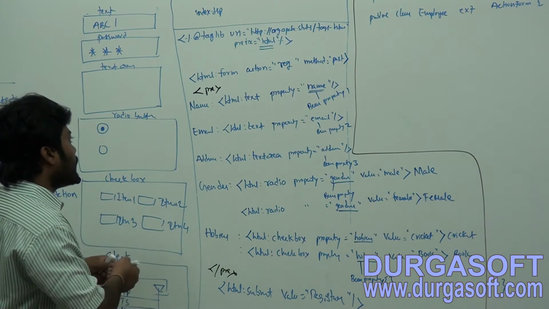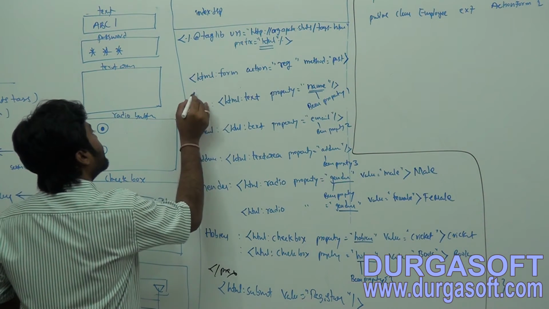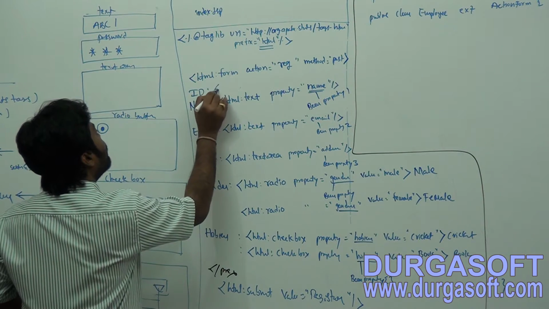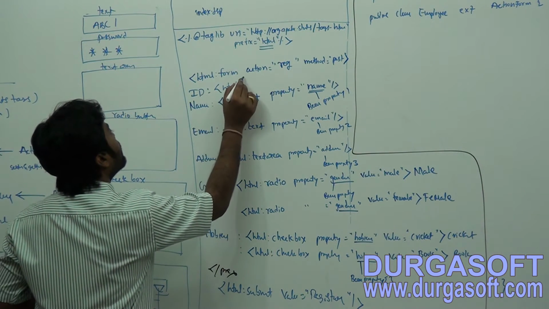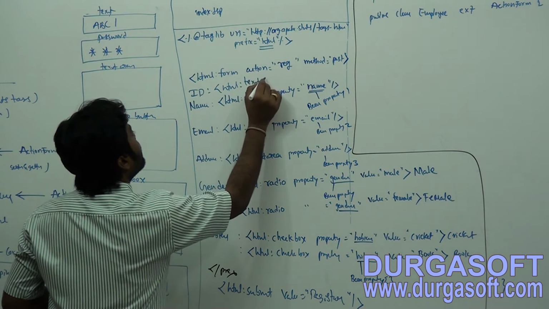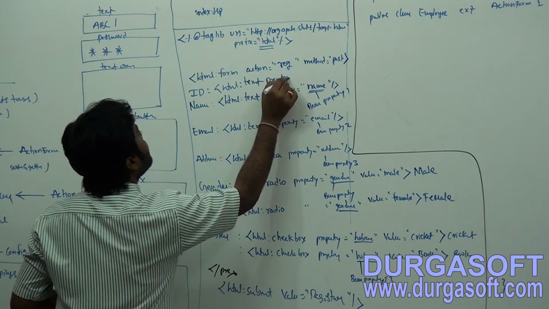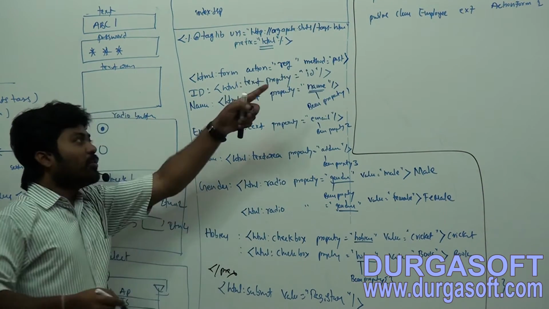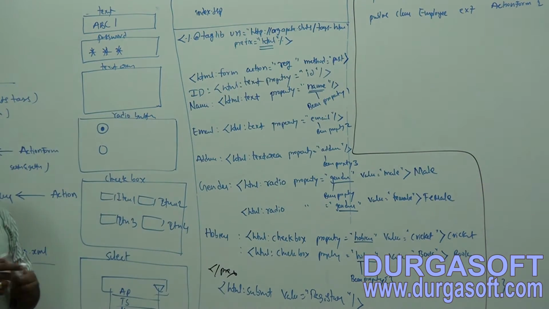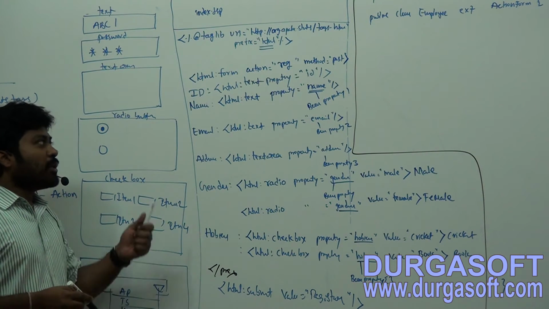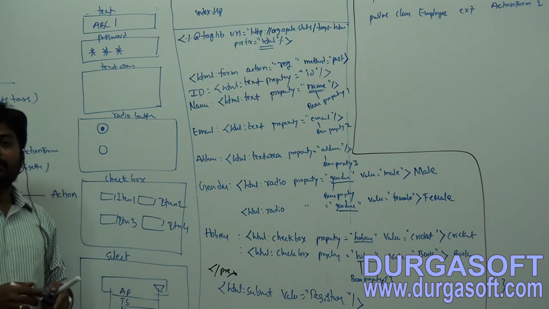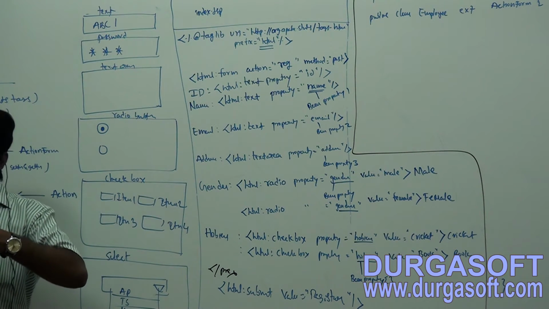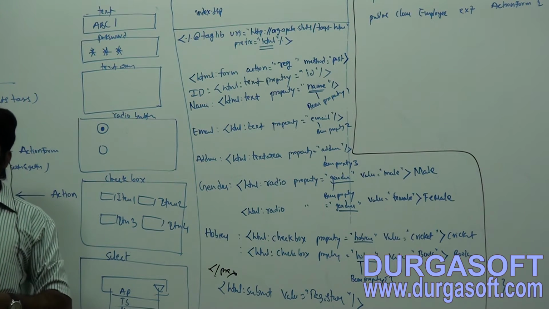Let's say you have one more field, employee ID here, and one more text box, html:text, and if you require one more property, you can write property ID. So one more bean property we should write here, right? That bean property's data type, your required data type you can write. Internally it will do implicit typecasting.